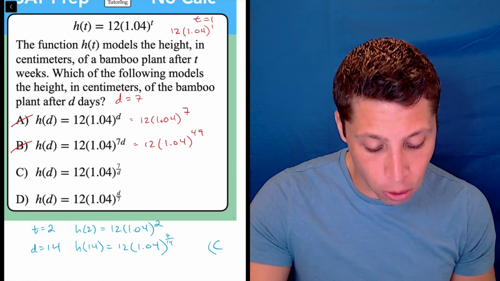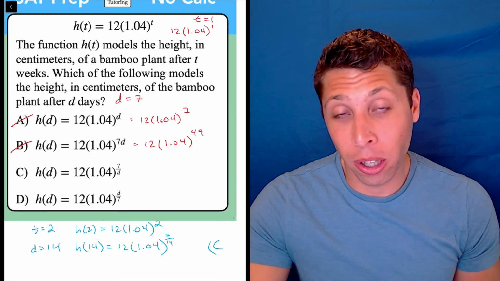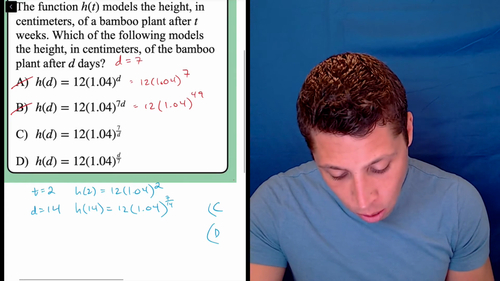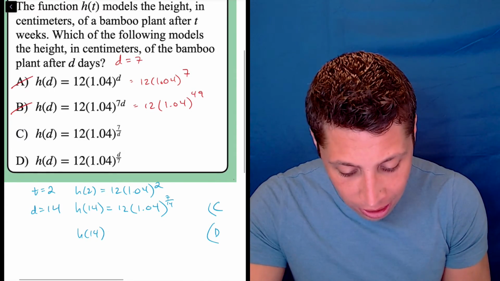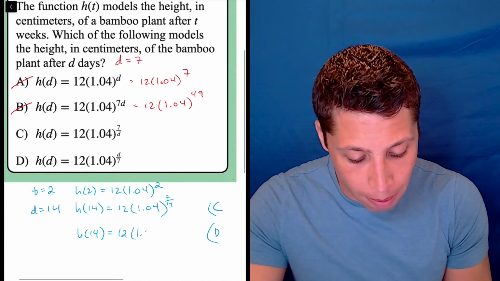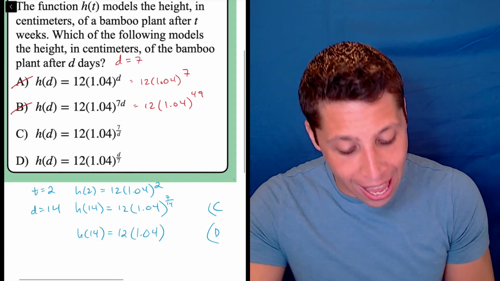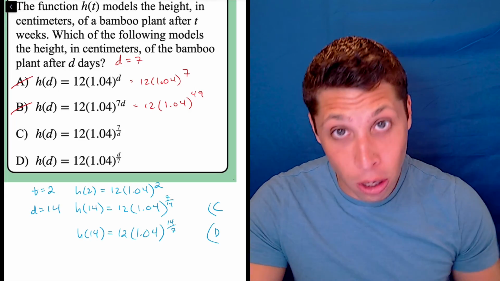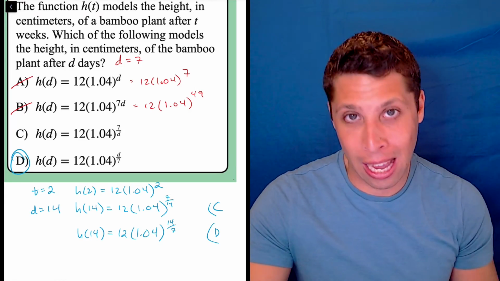So this isn't 1.04 squared. This is 1.04 to the 1/2. That's a different exponent. But let's try choice D. We would get h of 14 is equal to 12 times 1.04, and now it's 14 over 7, which simplifies to 2, right? So this is my answer.